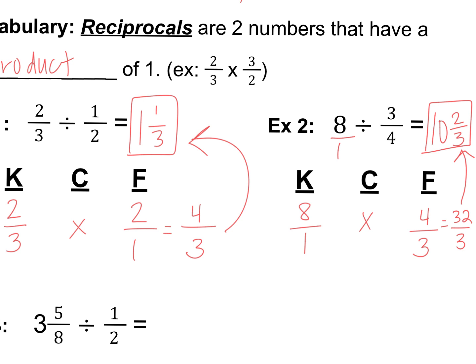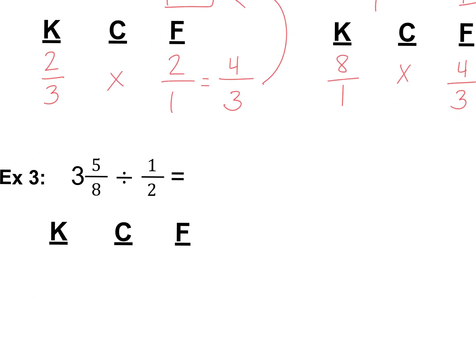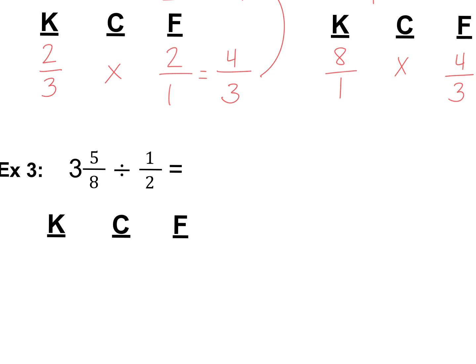Now, if we look at our last example here, I've got to make sure that I change this mixed number to a number that can be multiplied. And I do that backwards C method. So 8 times 3 is 24, plus 5 is 29/8.